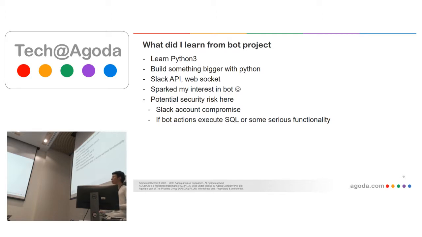If the Slack account of somebody in the company is compromised, they can just issue commands to the bot, and if your bot is not secure enough, it can execute something bad. It can maybe crash your production web server. And if the bot does SQL execution queries, then it can be even more dangerous. So you have to take security pretty seriously here.